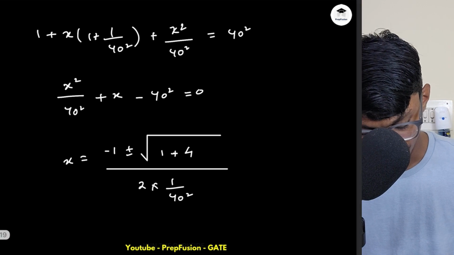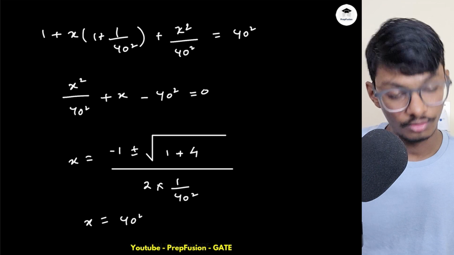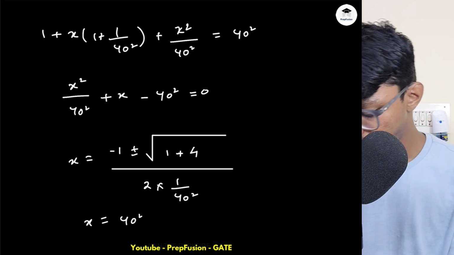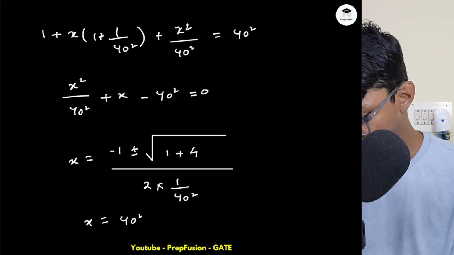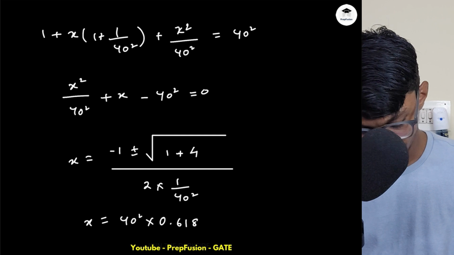So this will become x equals 40 square into root 5 minus 1. Obviously we will ignore the negative solution, so if I do root 5 minus 1 divided by 2, it is 0.618, right?